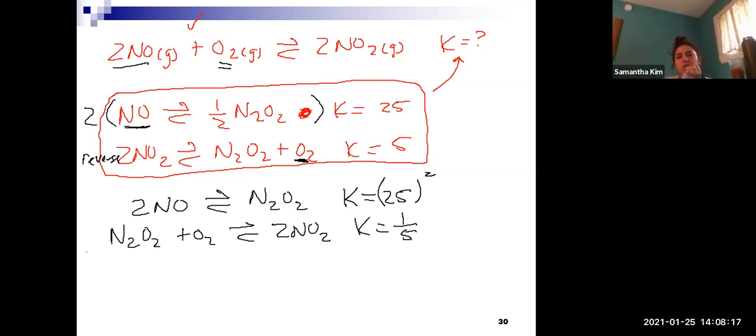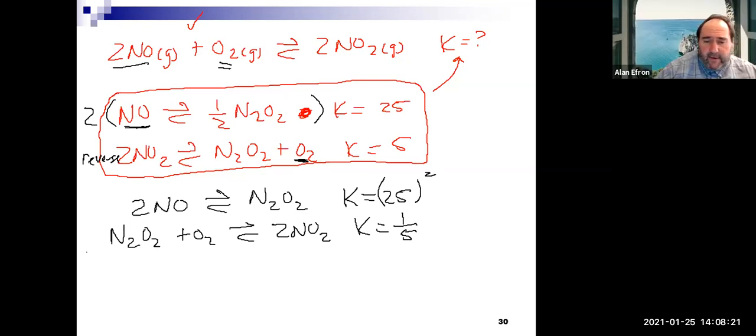Why would you reverse it again? Could you go over that one more time? Sorry. Yeah, so I already sort of took care of the NO here on the first equation, right? So the next thing I'm looking at is O2. And I see O2 in the equation I'm looking to get to is on the left-hand side. On the only equation that has O2 here on the bottom, it's on the right-hand side. So I basically need to reverse it to get the O2 to the correct side.